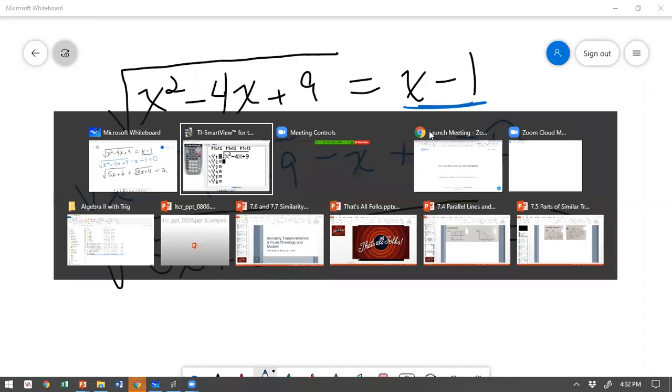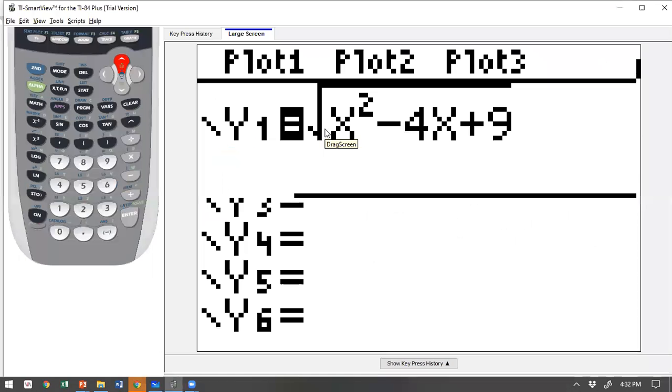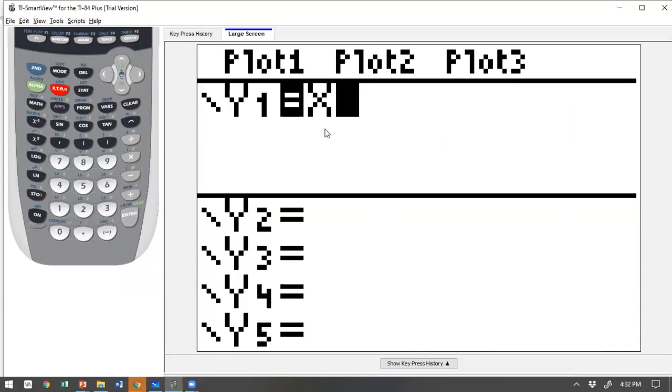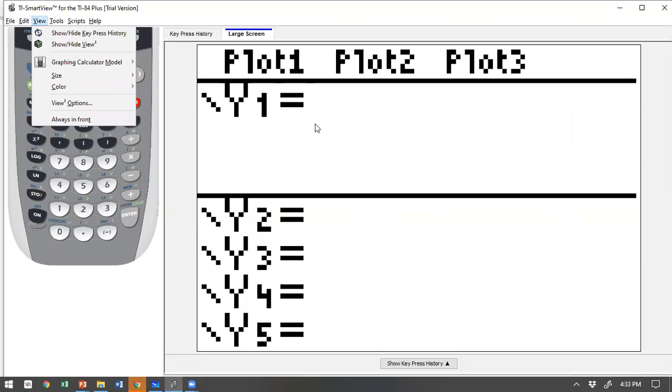Let's go back over here, and we're going to work over to the end of our radical expression, and it's going to be minus x... oh brother, look at this. Let me see if I can fix that. Nope, I can't do it.